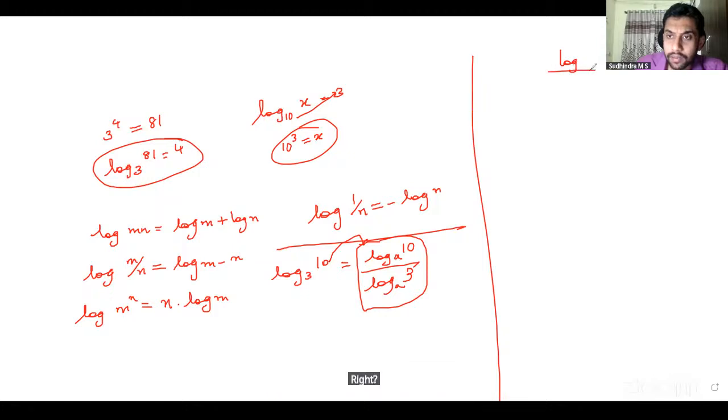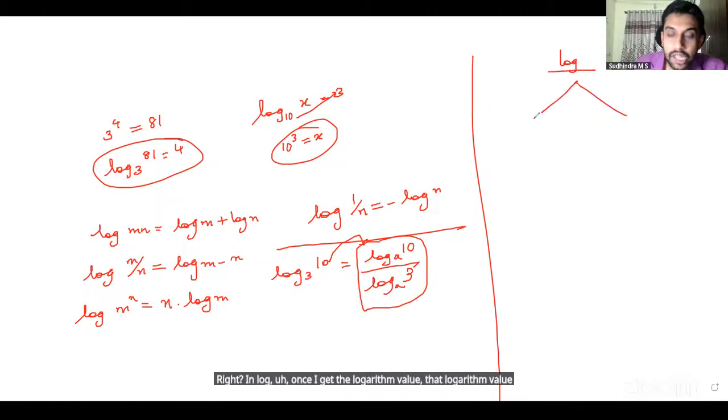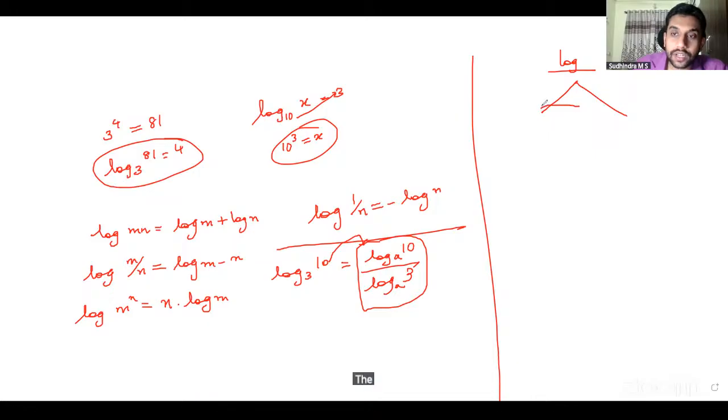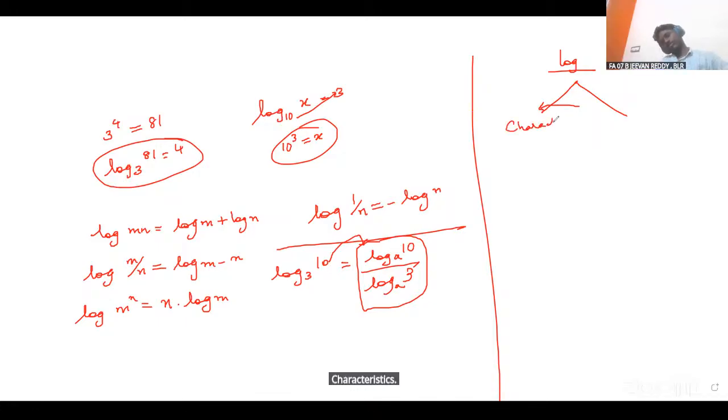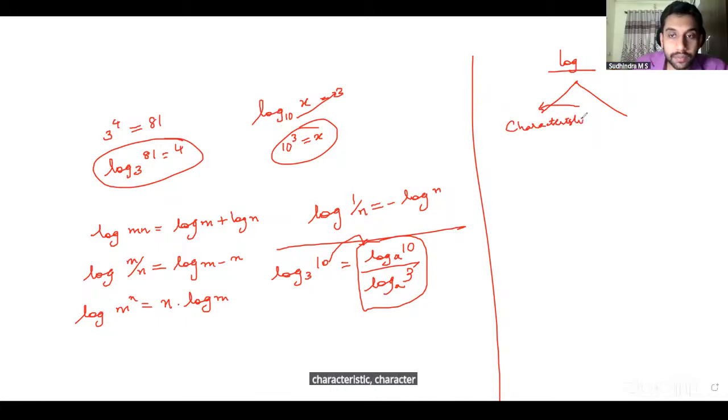In log, once I get the logarithm value, that logarithm value has two parts. The value which is before the decimal point, left side of the decimal point, is called the characteristic. How do we compute it? It depends on the value of the number that we have.